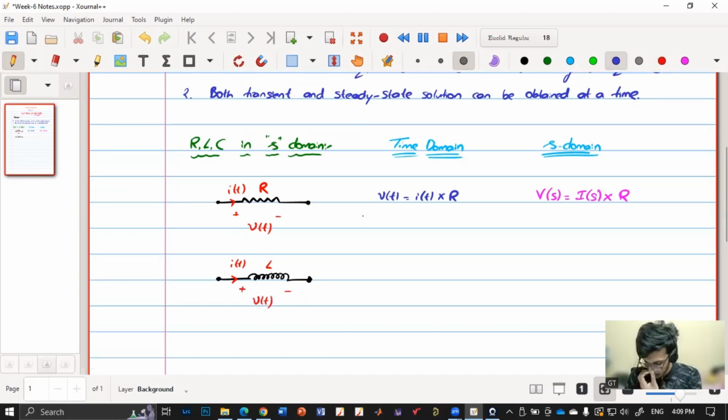So in the time domain, we have v of t equals what? L di by dt, right? L into di of t by dt.